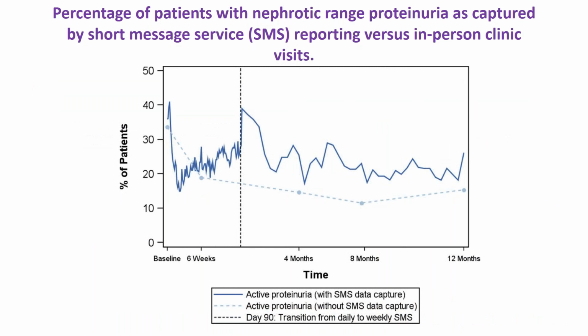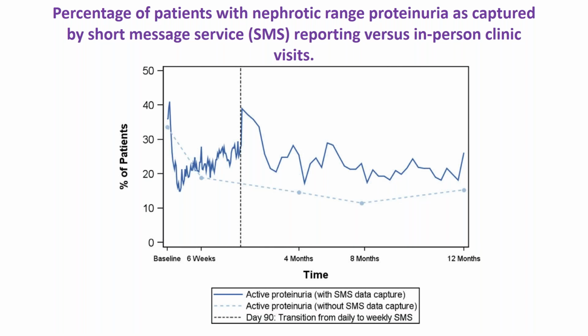This is another graph from that same paper, because if you're able to take those home reports of proteinuria seriously, you're able to identify what proportion of patients are in the nephrotic range over the course of participation in the study.